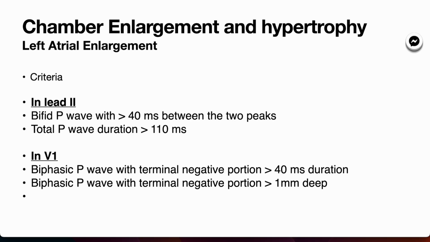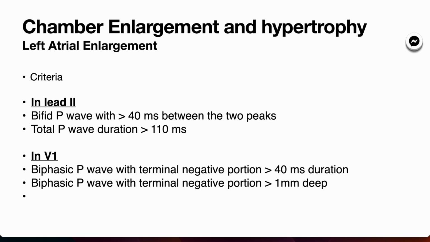Now conversely, in left atrial enlargement, you would want to look for the length of the P wave. If the P wave is more than 2.5 small squares, or 3 small squares in lead 2, then you have a left atrial enlargement. In V1 you can see a biphasic P wave with a terminal negative portion of more than 1 millimeter deep and 40 milliseconds in duration.